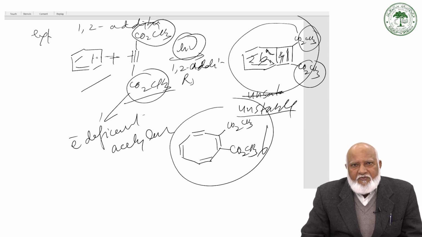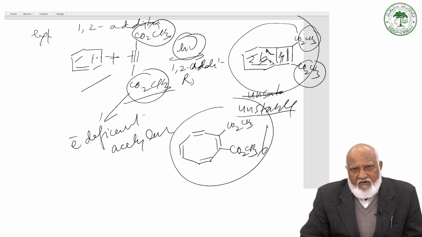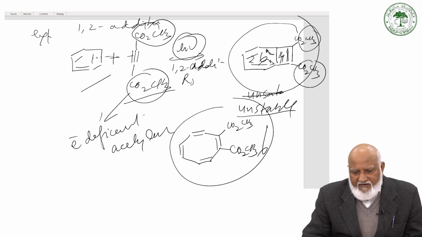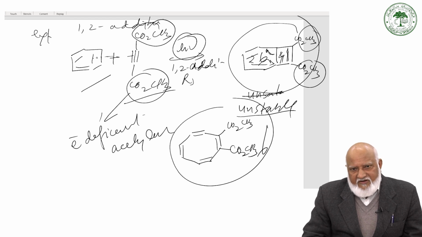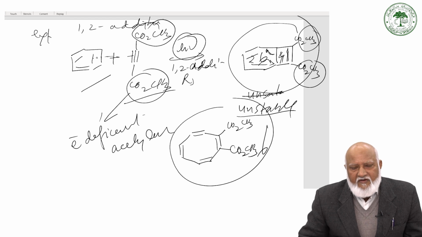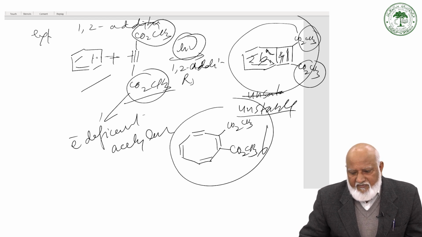Due to the presence of two bulky groups it is unstable at normal reaction temperature, hence it opens up in order to release the strain in the ring system, giving rise to a cyclooctatetraene derivative. But this product definitely goes via 1,2 addition of benzene to acetylene.